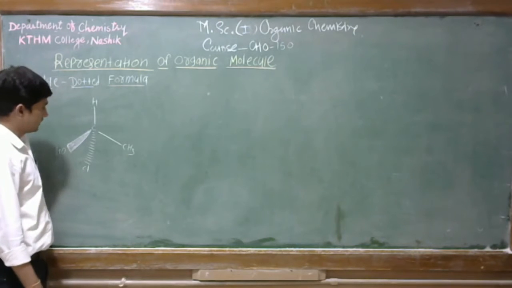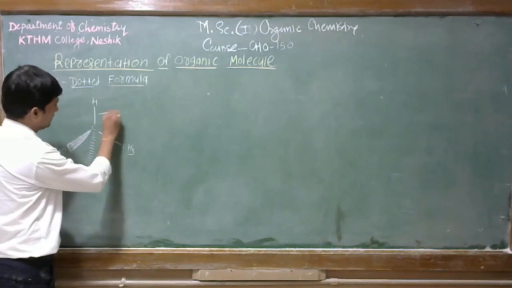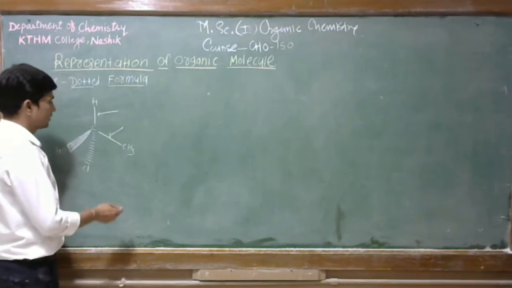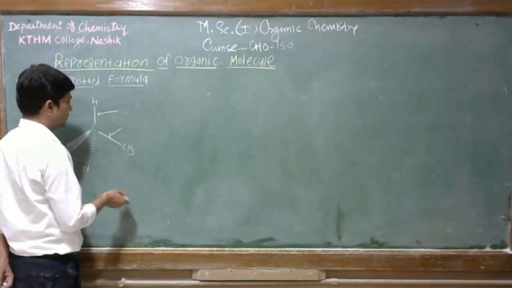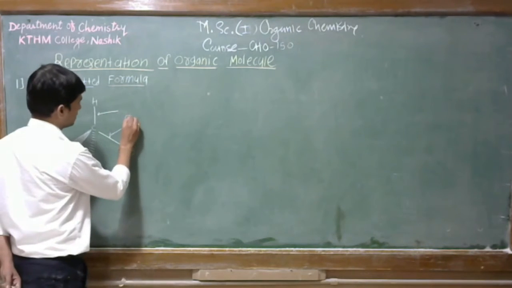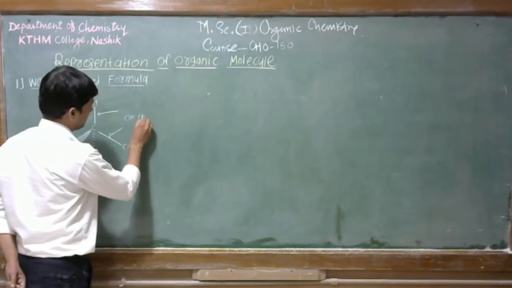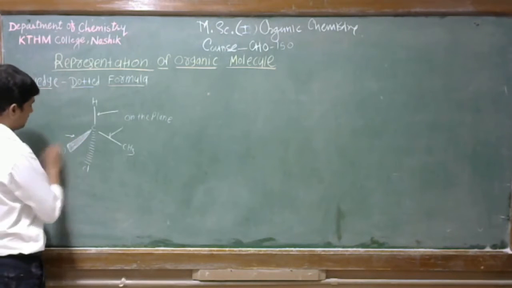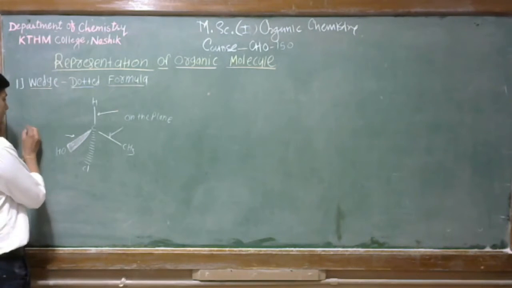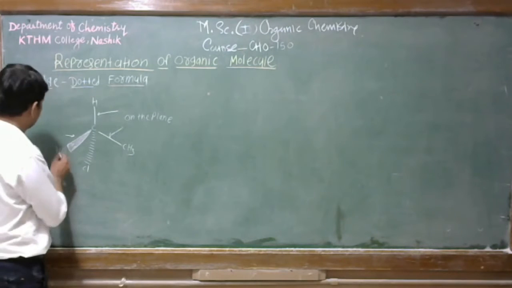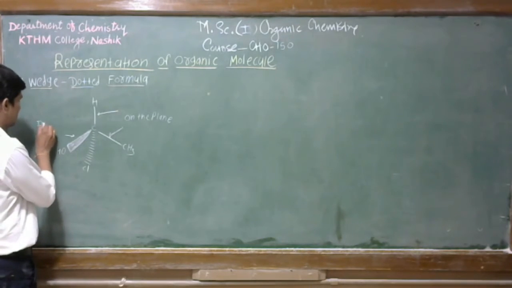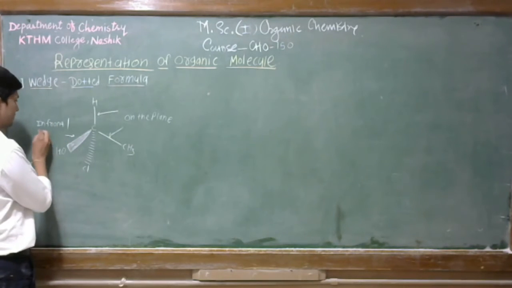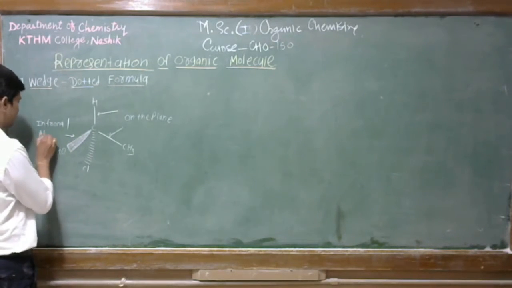Friend, see in this formula, these two bonds are normal bonds, which show these two groups are present on the plane. This is the wedge line, wedge formula. This shows us this hydrogen group is in front of the plane or above the plane.